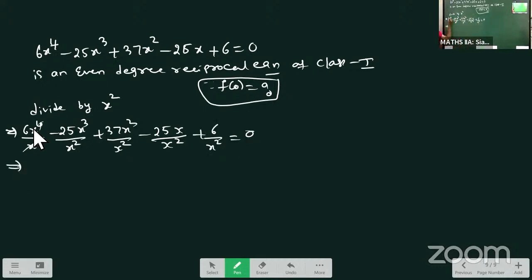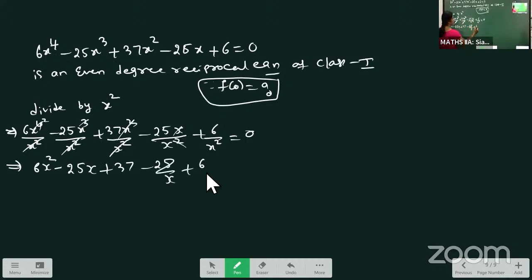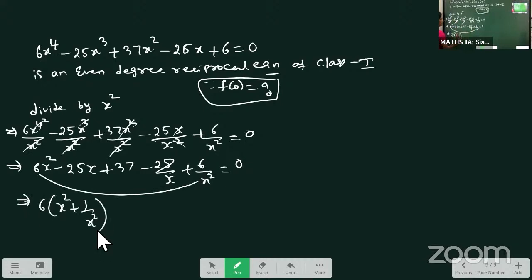Here x square cancel: 6x square minus 25x plus 37 minus 25 by x plus 6 by x square is equal to 0. From first and last term, take 6 common, put together x square plus 1 by x square. From second and second last term, take minus 25, so x plus 1 by x plus 37 is equal to 0.